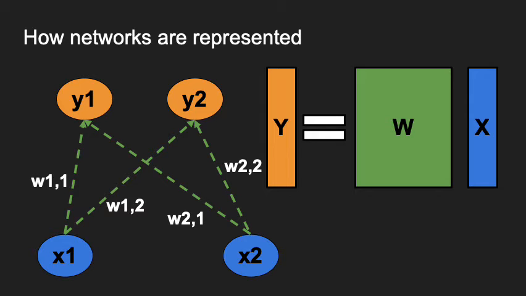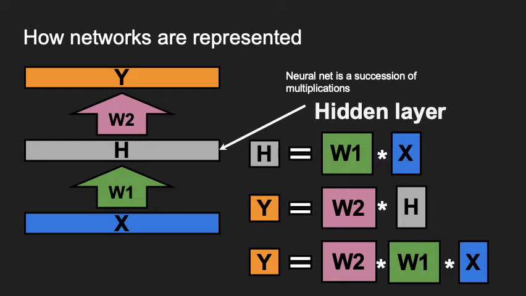By multiplying this w by x, you end up with the vector y here. You can see that this representation is way more compact.